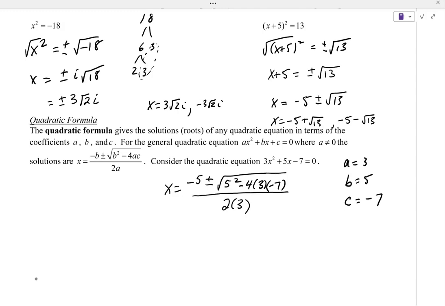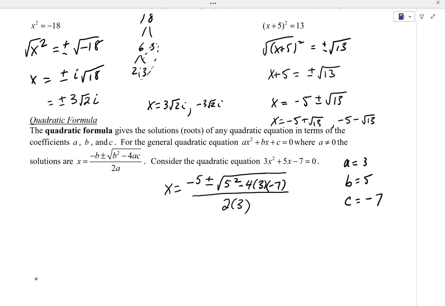2 times the a. Now, a couple of things I want you to be aware of, to be careful with. This is important. Again, I already mentioned, make sure you keep your negatives straight, right? Because notice here, when you multiply this out, you'll get a negative number, so it'll change that to a plus. All right, so negatives are important here, okay?